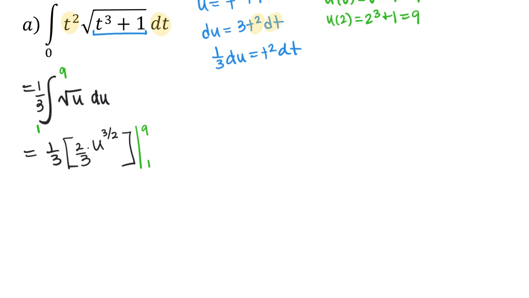Okay, I'm going to simplify the coefficient. So this is 2/9. Okay, let me do 2/3. No, I took out 2/3. 9 to the 3/2 minus 1 to the 3/2.